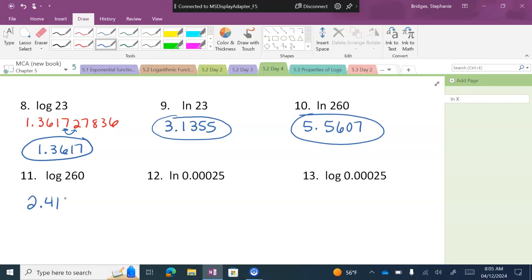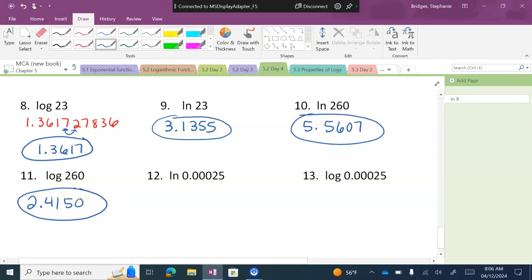Okay, so we're looking at this fourth number. That 7 is going to make that 9 turn to a what? A 10. And when that turns to a 10, we actually have to give the 1 over to this next one, right? So that's going to turn into 2.4150. So be careful if you're rounding up a 9. That will not only change the number in front of it, it'll change the number in front of it too.